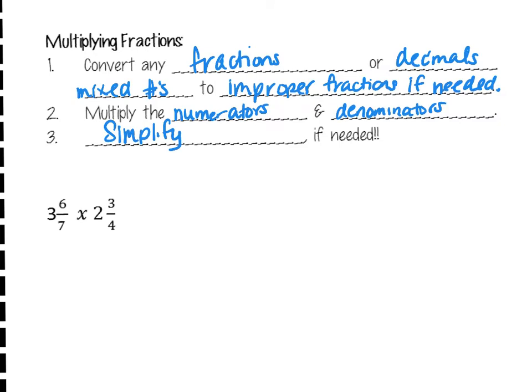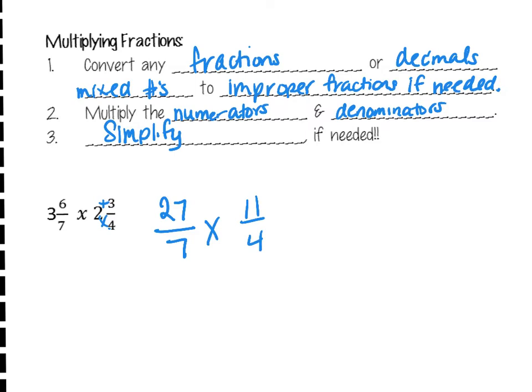Okay. So I'm going to change my mixed numbers to improper. So 7 times 3 is 21. 21 plus 6 is 27, so 27/7. Times 4 times 2 plus 3 is 11/4. Okay?